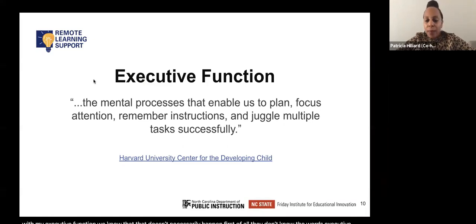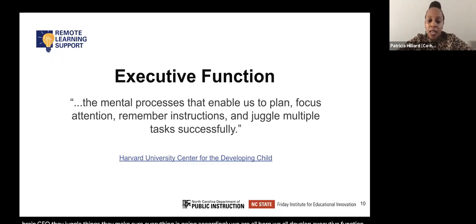So on the next couple of slides, we're just going to talk very briefly about executive function. These are the mental processes that happen in your mind. It's kind of like your brain's CEO. They juggle things, they make sure everything is going accordingly. We all develop executive function over time, but some students, those ones that are kind of left behind, may not have developed them fully yet.